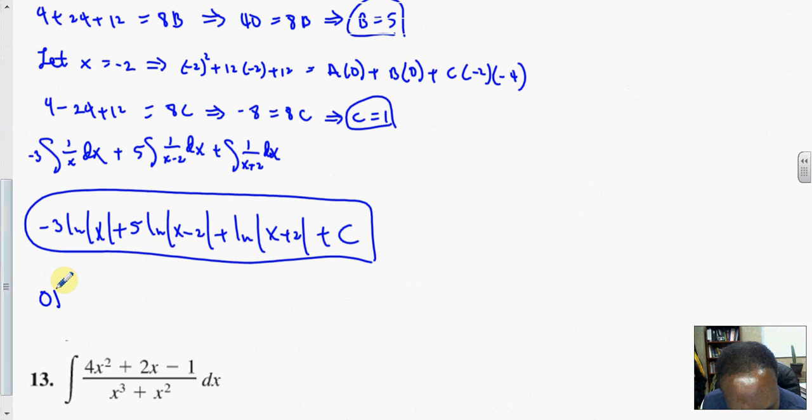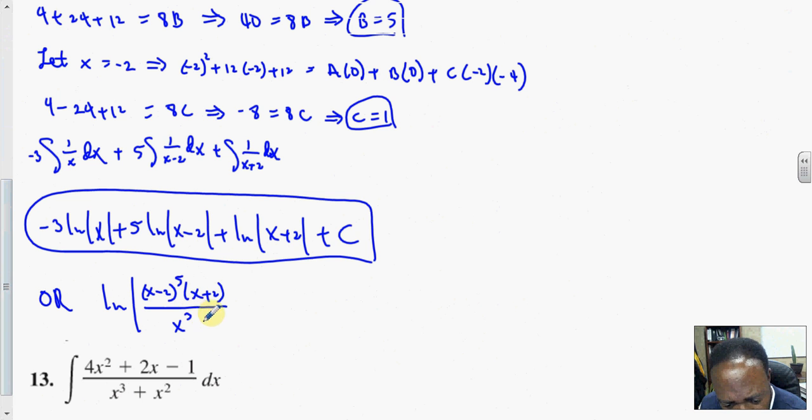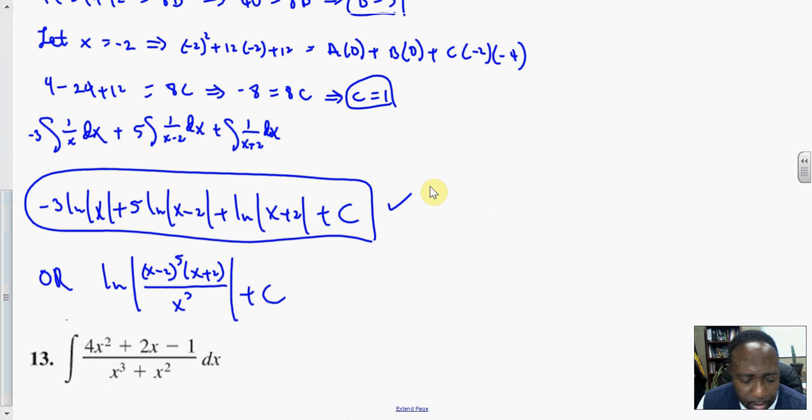If not, you can write the answer as the natural log of the absolute value. The terms that are together would be, for the numerator, x minus 2 to the 5th power times x plus 2, all over x to the 3rd, plus c. Either way, but I think this one should be fine.